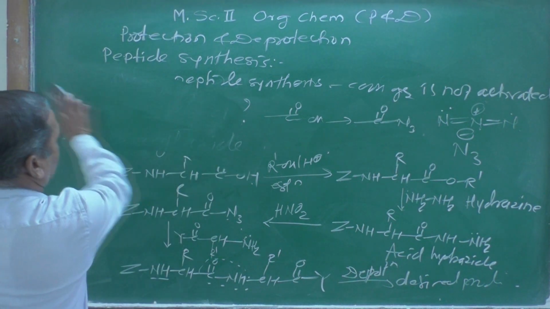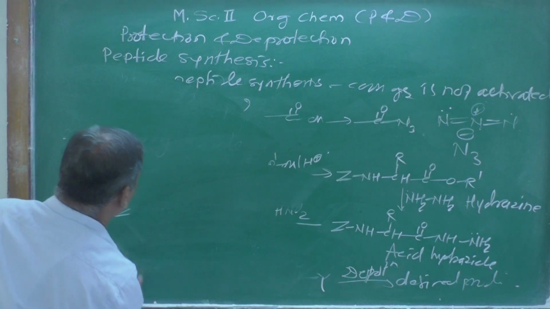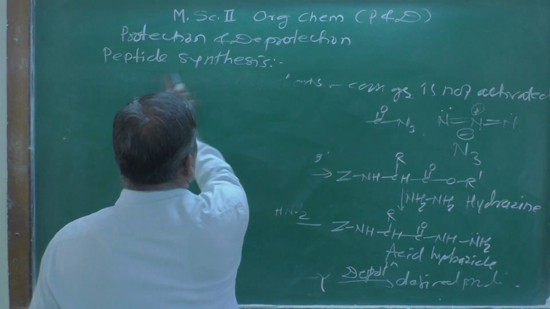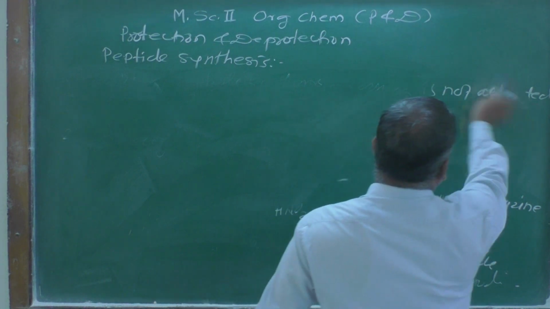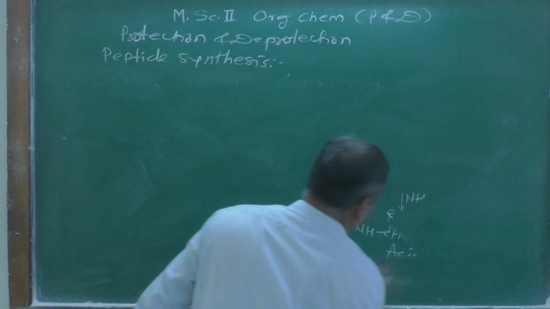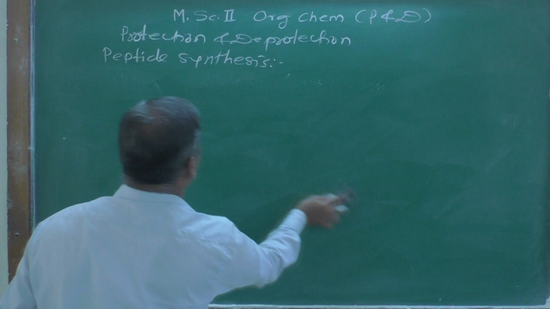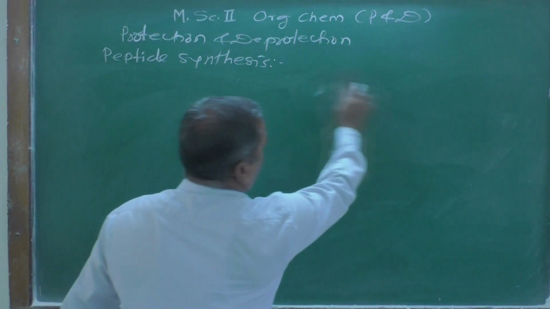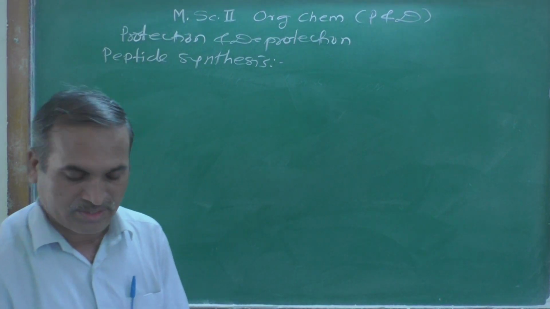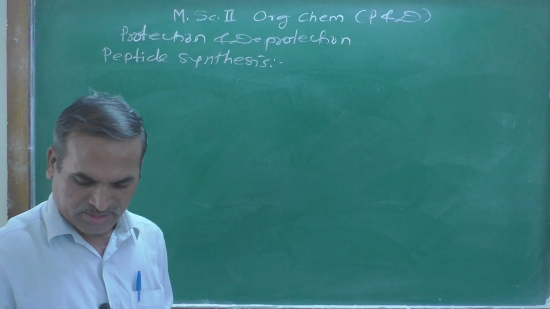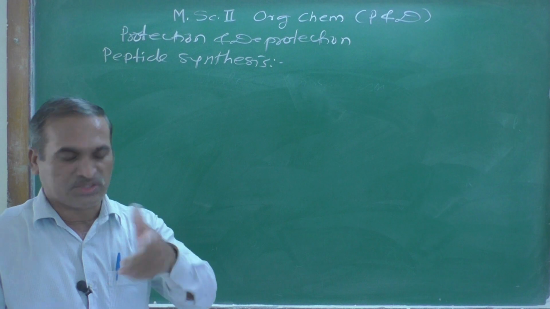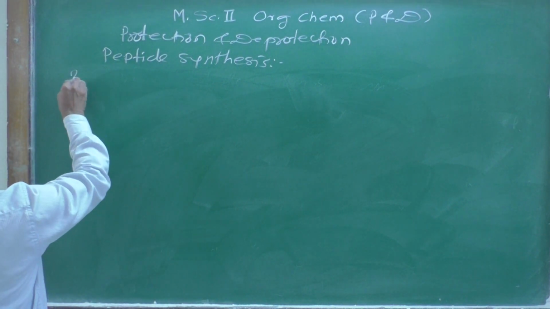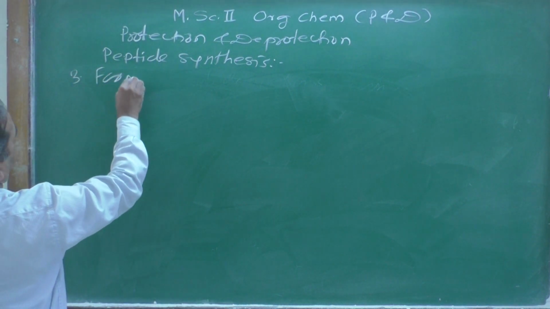Now next one, let us see the third point for the discussion. Let me clean the board first, and then let us see over here, that is the third point. What is that? Formation of mixed anhydride.